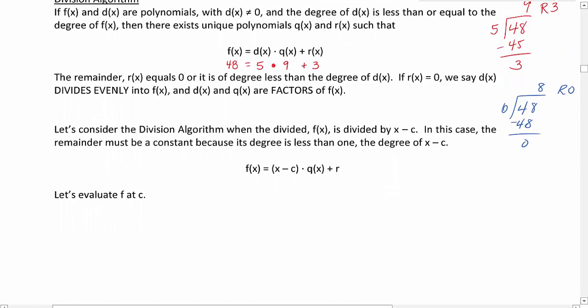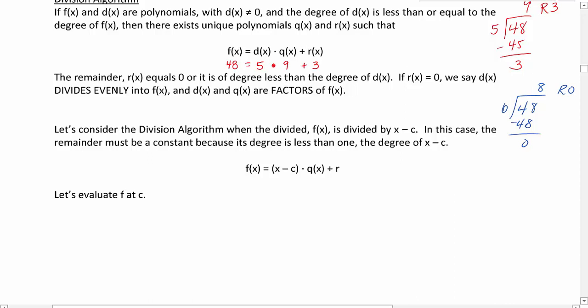So now let's consider the division algorithm when we take f of x and divide it by x minus c. In this case, the remainder must be a constant because its degree is less than 1, which is the degree of x minus c.